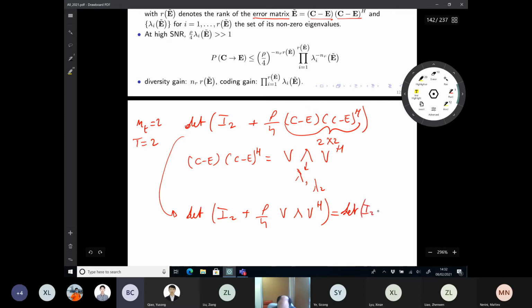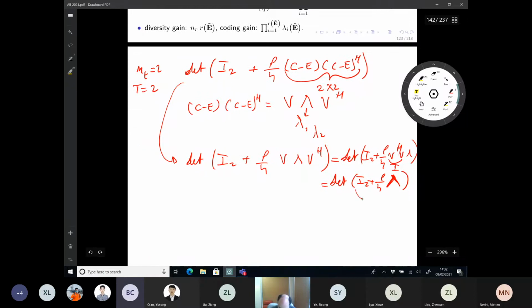This is the determinant of I_2 plus rho over 4 V Hermitian V lambda. This is identity matrix. So I have the determinant of I_2 plus rho over 4 big lambda. Right, so here I have 1 plus rho over 4 lambda 1, 0, 0, 1 plus rho over 4 lambda 2.